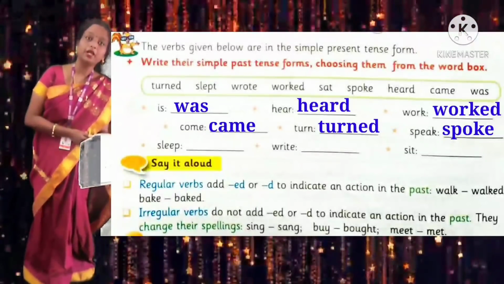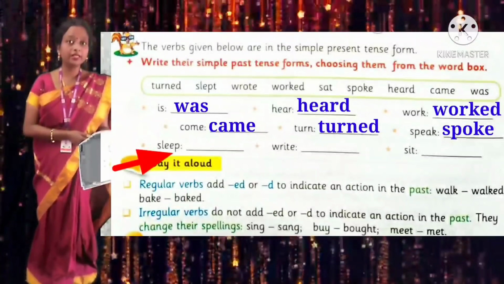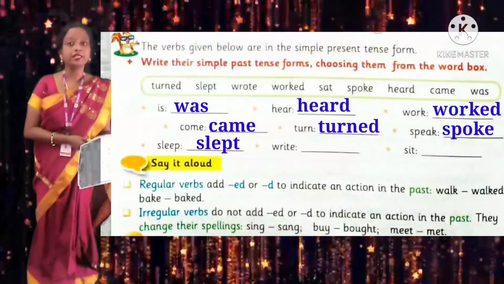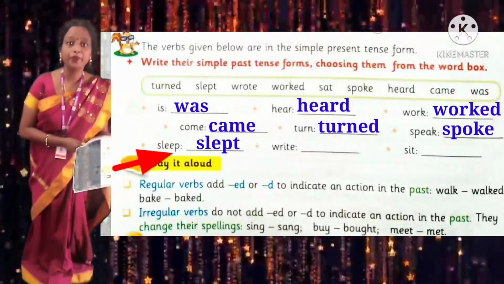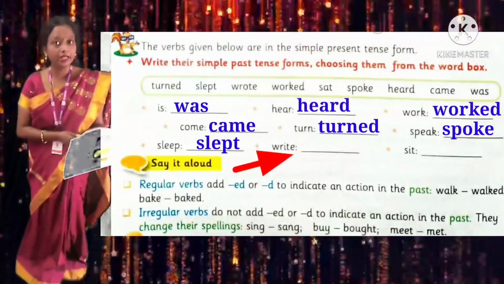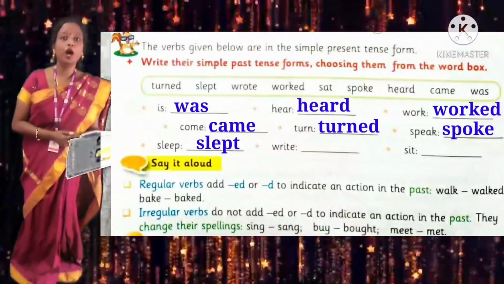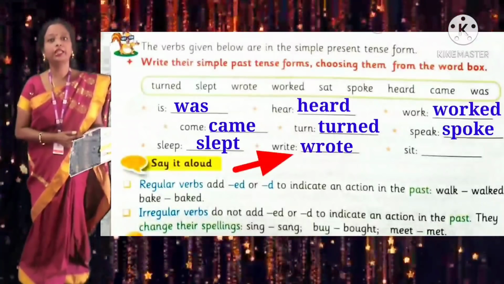Okay. Now, next word is sleep. S-L-E-E-P. Sleep is a simple present tense word. For this, simple past tense word will be slept. S-L-E-P-T. Slept. Okay. Next word, write, wrote.